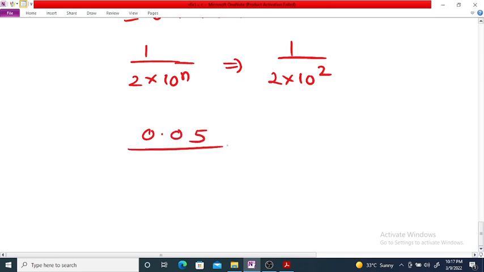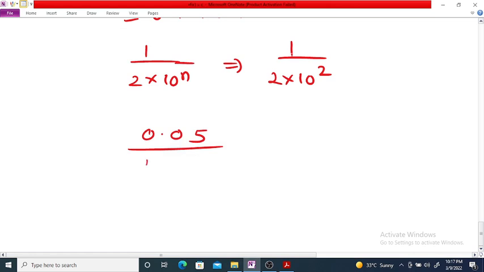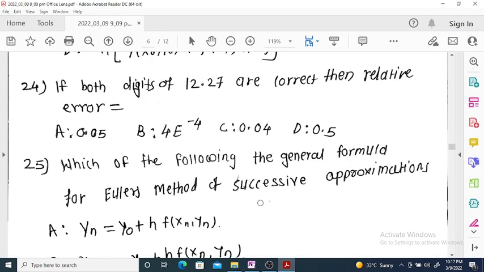Since we want the relative error, we divide by the correct value, 12.27. So 0.05 divided by 12.27 is 0.004. This is the correct option, 0.004, or e raised to minus 4.